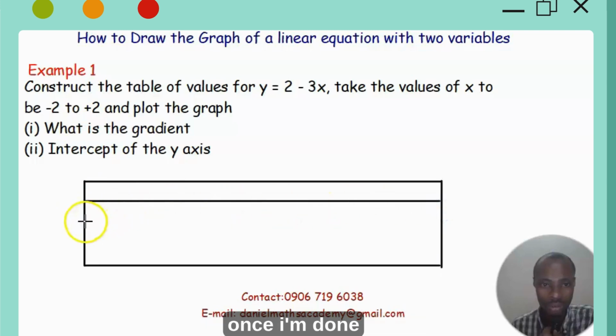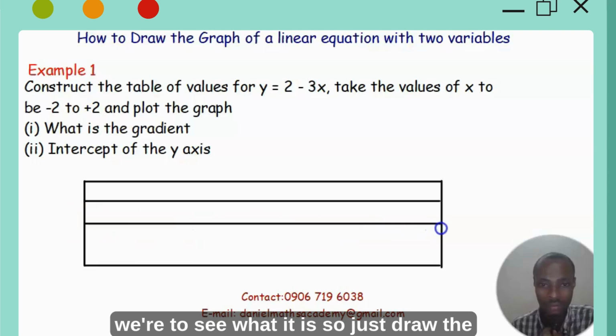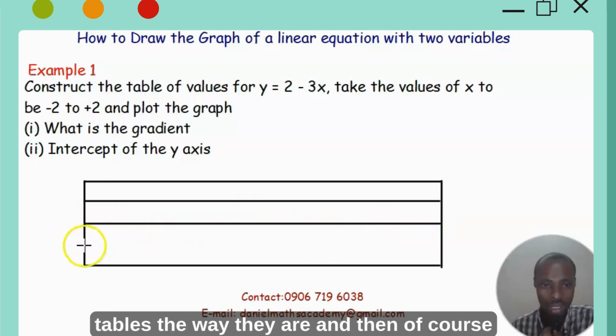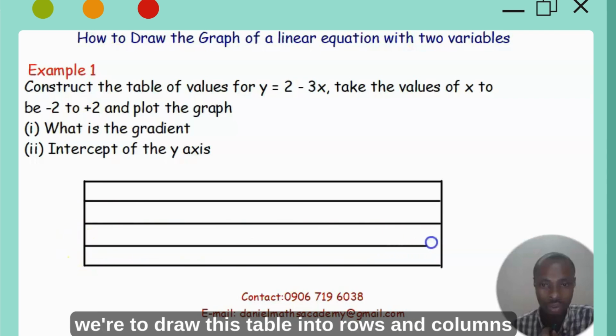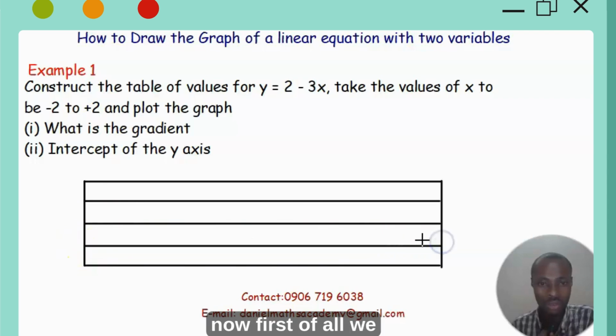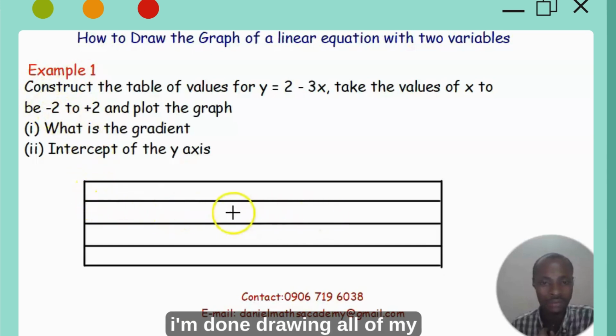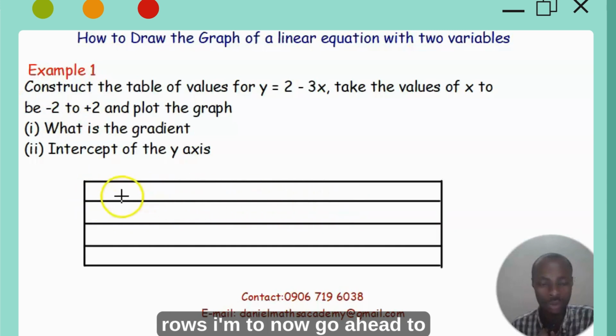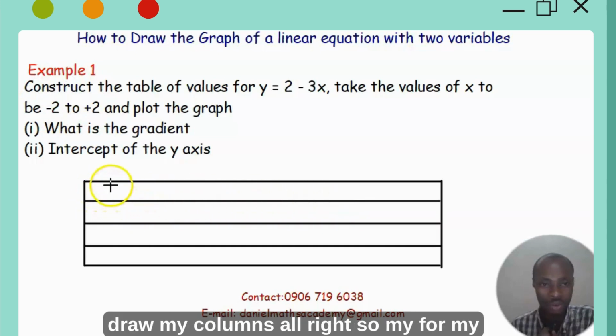So let me create the table. Once I'm done, we're going to see what it is. So just draw the table the way it is, and then we're going to draw this table into rows and columns. Now first of all, I'm done drawing all of my rows, so I'm going to now go ahead to draw my columns.